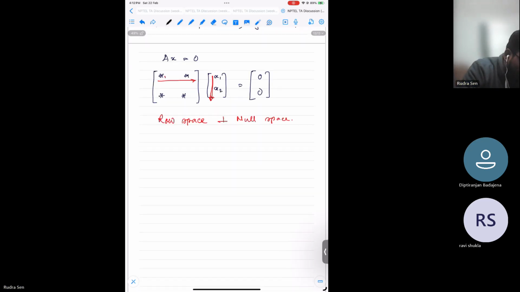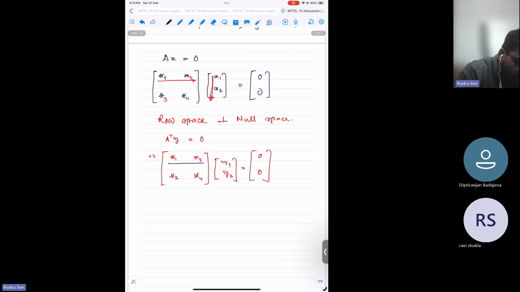Similarly, let's say I'm giving these numbers 2, 3, 4. Now, if we take A transpose of y and try to find the null space for that, what is A transpose? It is something like x1, x2, star 1, star 2, star 3, star 4, and here y1, y2, and here I'm getting 0, right?